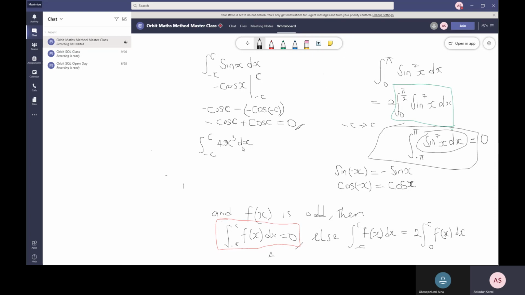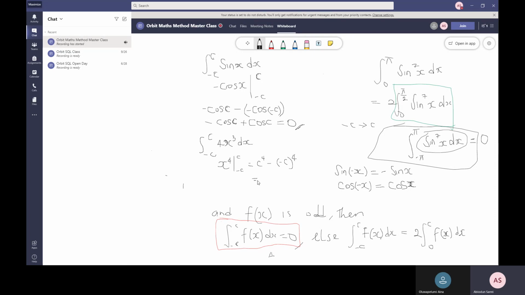So if I integrate 4x cubed, this is going to give us x to the power 4, right? So if I substitute limits from minus c to c, when x is c, I have c raised to power 4, minus, when x is minus c, I have minus c raised to power 4.